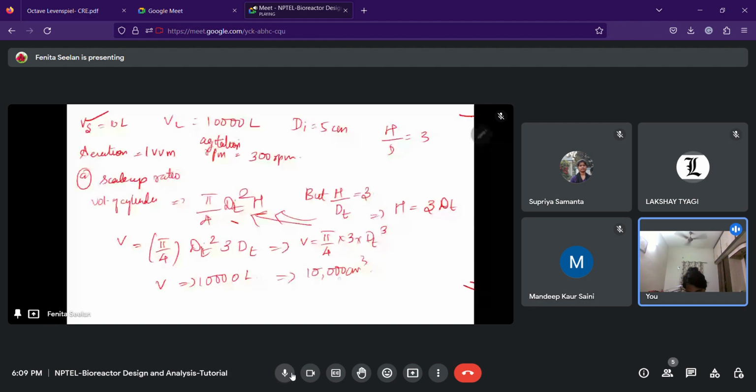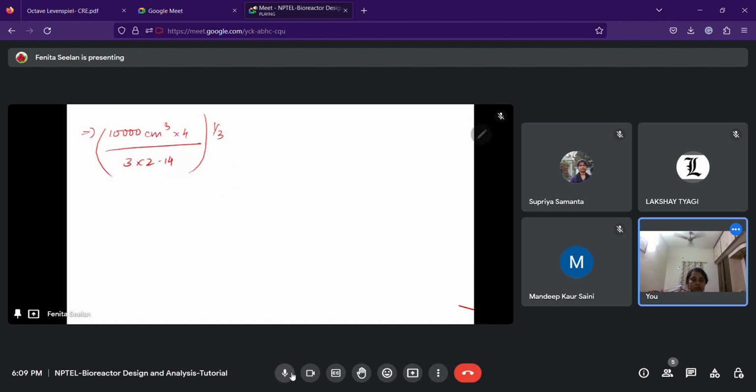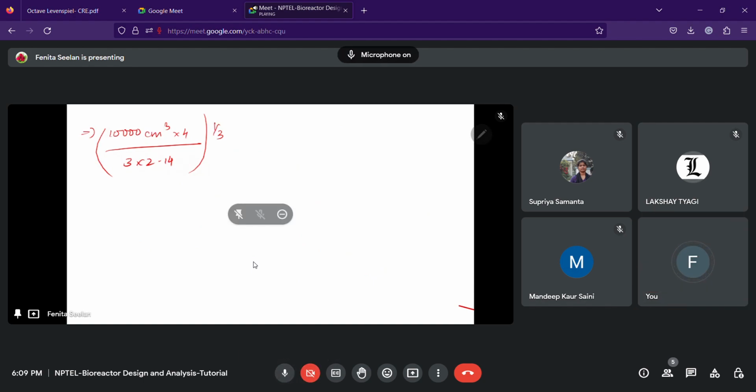So if you do this, the volume is 10,000 centimeter cube into 4 divided by 3 times pi, to the power of 1 by 3. What would be the answer we will get?